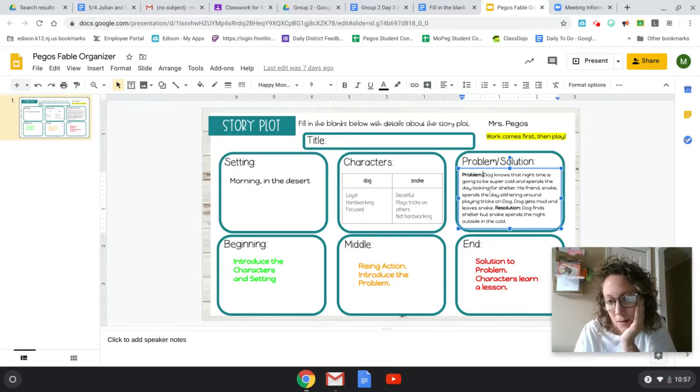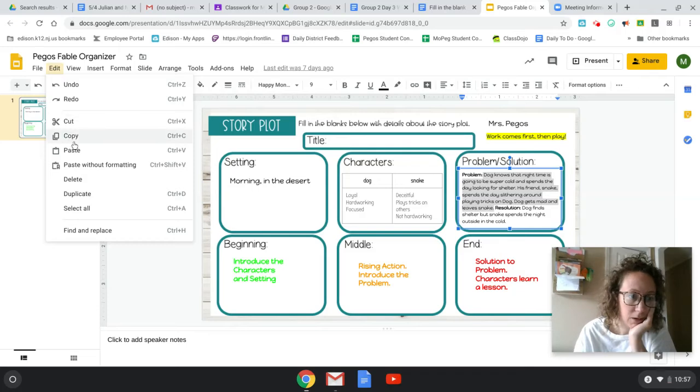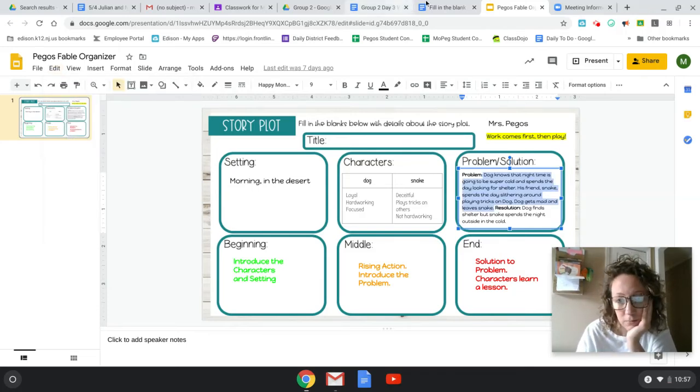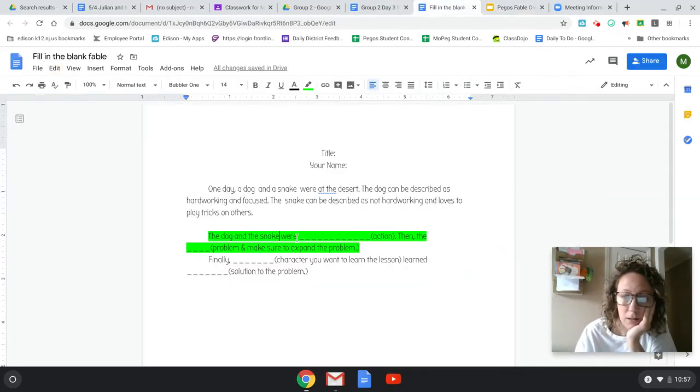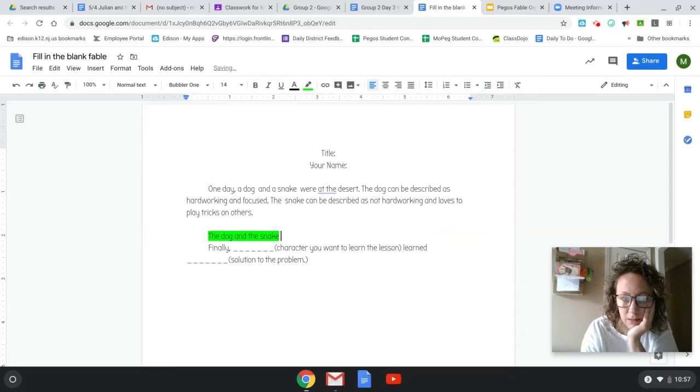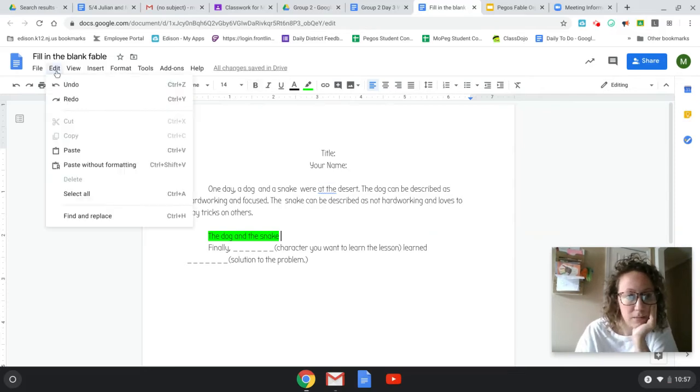I can copy, so I can make it blue, and I can go to edit, then go to copy, and then I can just get rid of all of this and press edit paste.